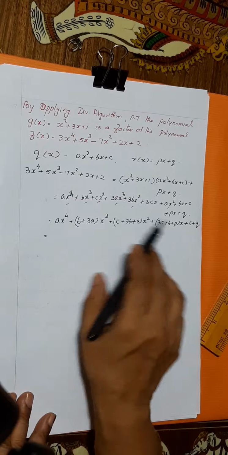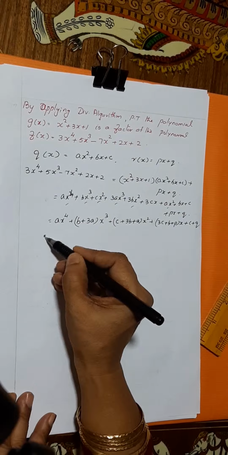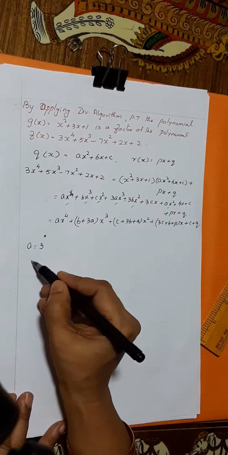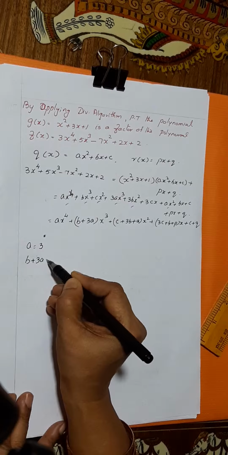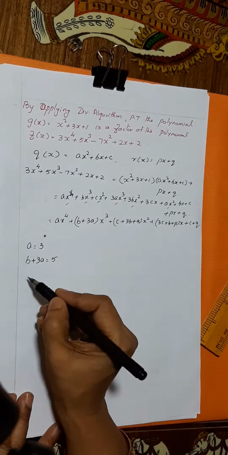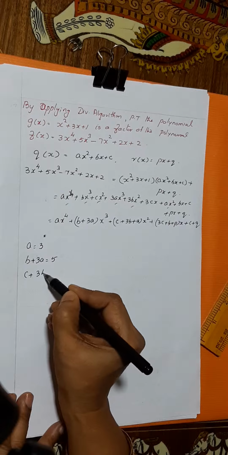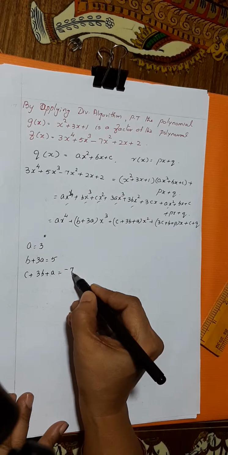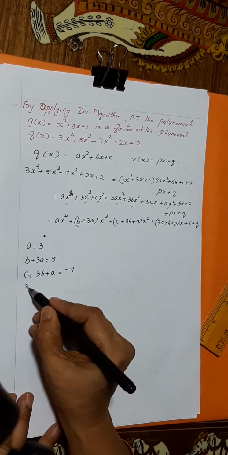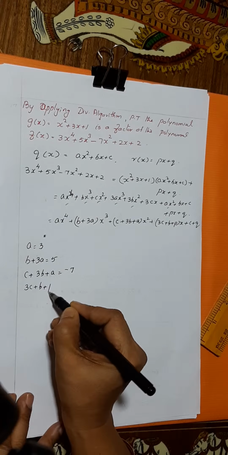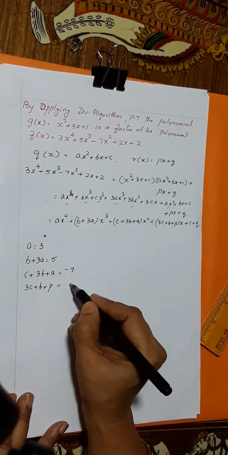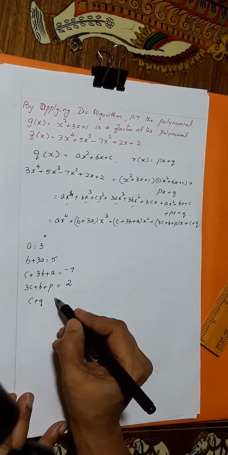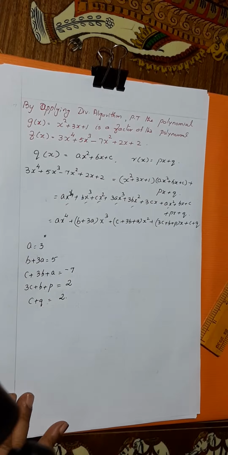Now equating this, you will get a is equal to 3, then b plus 3a is equal to 5. Now c plus 3b plus a is equal to -7, then 3c plus b plus p is equal to 2, and c plus q is equal to 2.